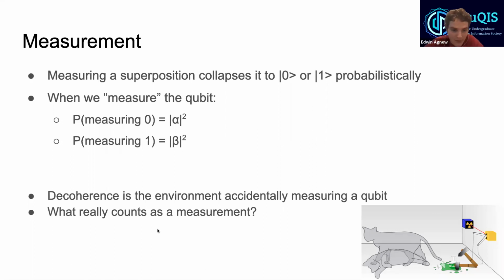There's also a problem of what truly counts as a measurement. This is known as the measurement problem, and it's kind of famously encapsulated in the Schrodinger's cat experiment, where we have a cat in a sealed box, and there's a vial of poison which is rigged up to a quantum process.